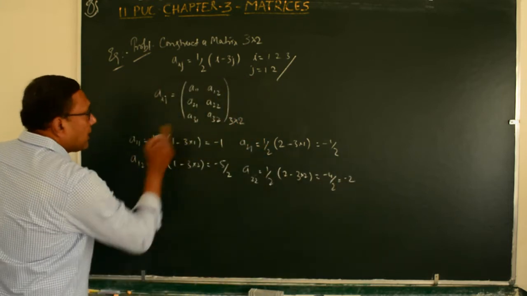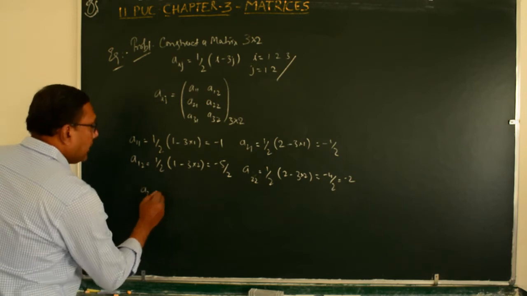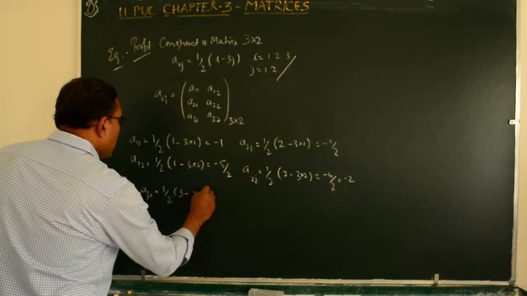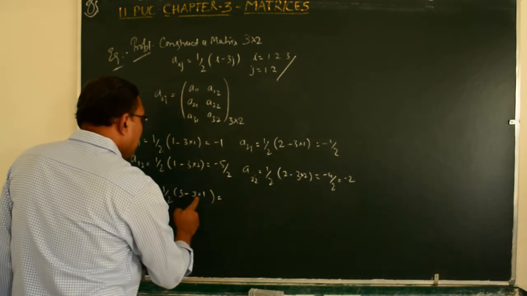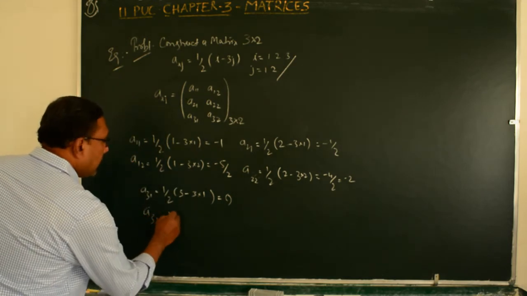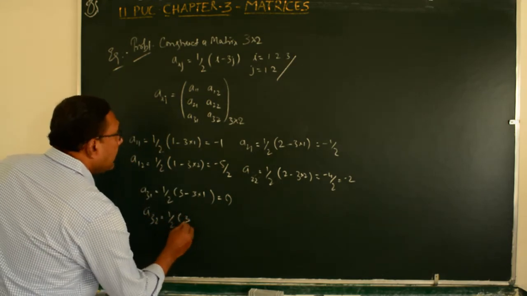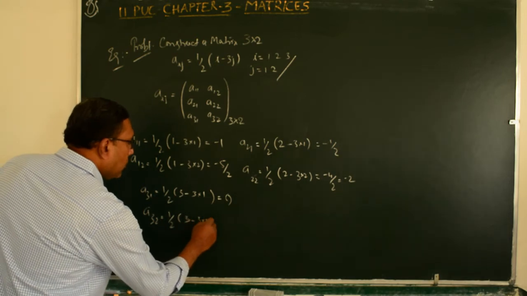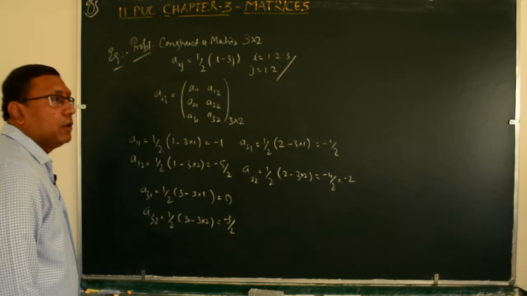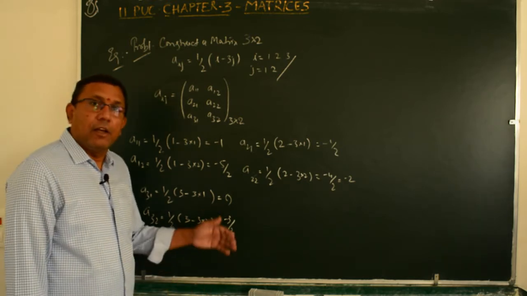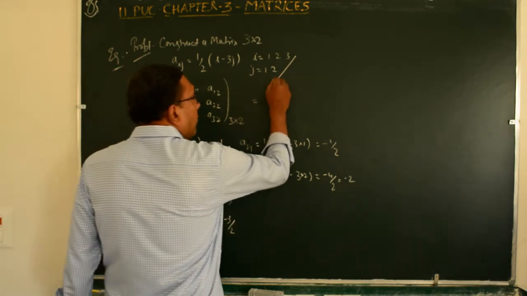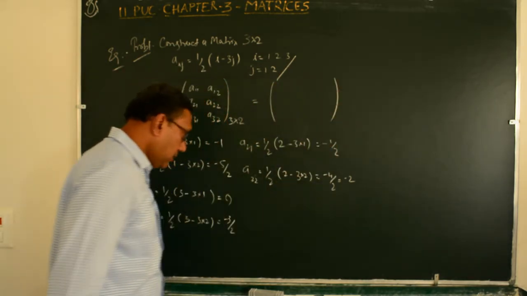And the last row: A31 is half of 3 minus 3 into 1, which is 0, and A32 is half of 3 minus 3 into 2, which is minus 3 by 2. So with this, we have constructed a matrix of order 3 by 2.